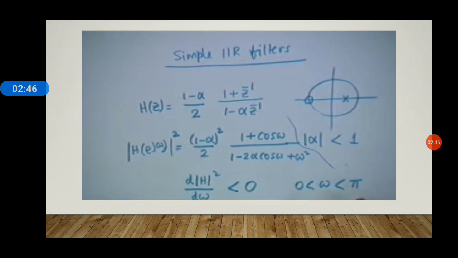That means in this range from 0 to pi of omega, our magnitude of H(e^j omega) falls monotonically, that is, it has a monotonic response.